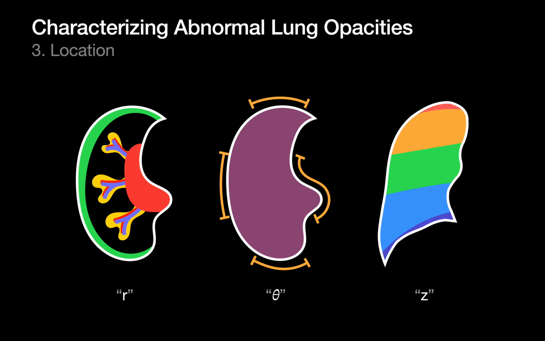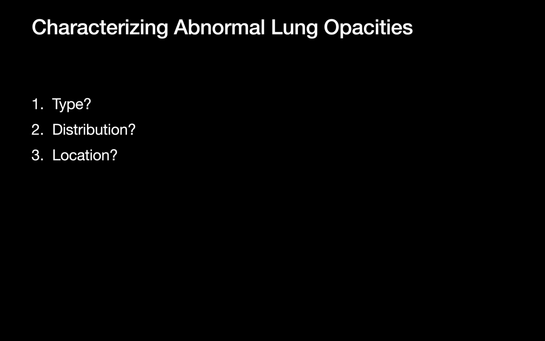We just replace the numbers with useful anatomic descriptors. And once you can answer these three questions, what is it? How is it distributed? Where is it? You've constrained the problem enormously. You've taken a complicated imaging feature and converted it into something much more useful you can start building a smart differential diagnosis with.